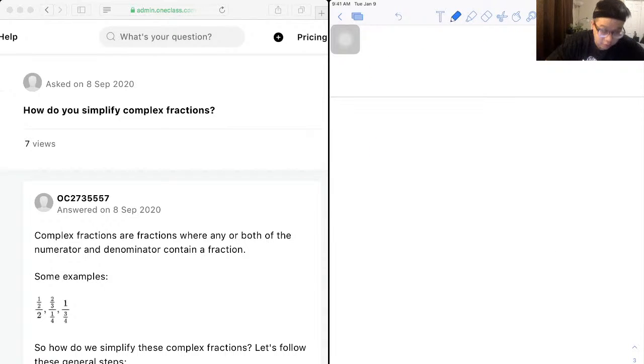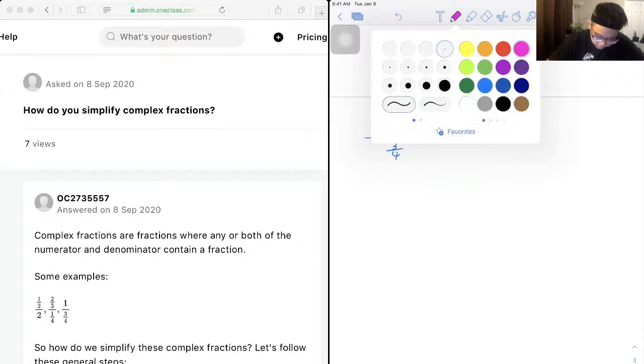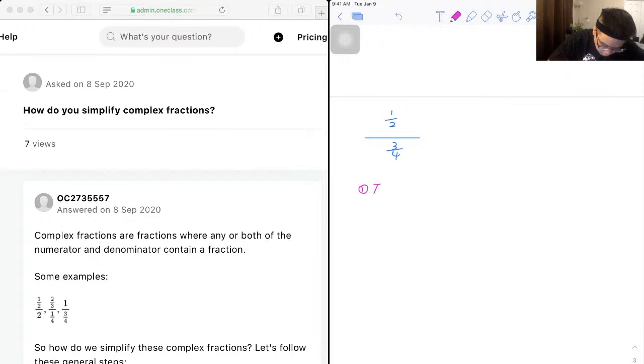Let's see. We have 1 over 2 over 3 over 4. Right. So the denominators of the two fractions are 2 and 4.